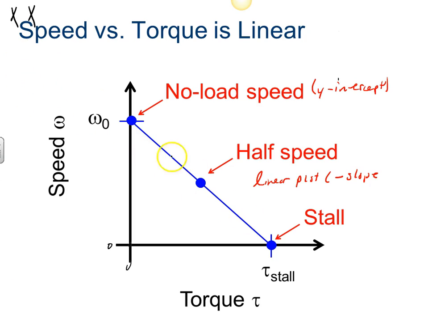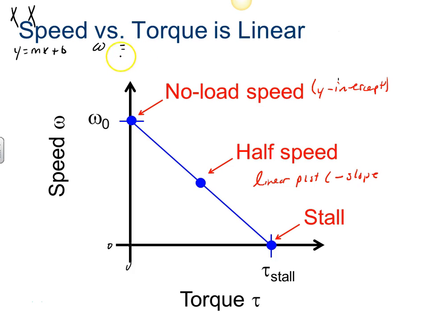Since this is a linear plot, we should be able to write a linear equation for it in the form y equals mx plus b. Y is the y variable, which in this case is angular speed. M is the slope of our line, x is torque, and b is the y-intercept. As we associate this equation with this particular line, y is equal to speed, omega.